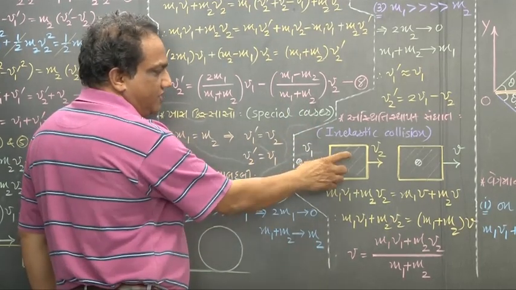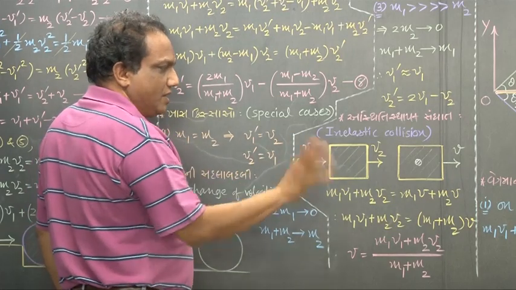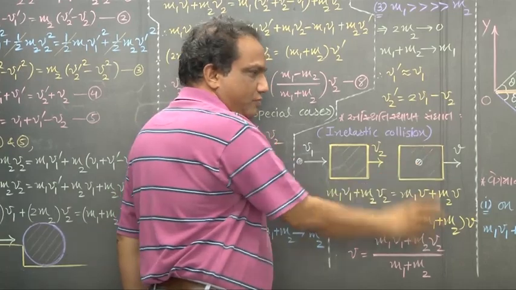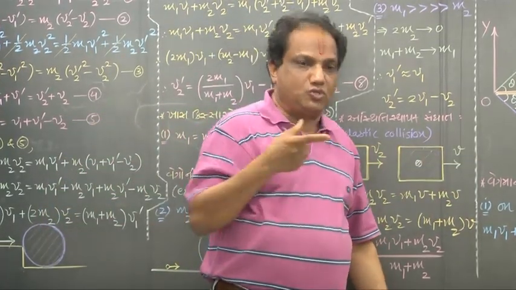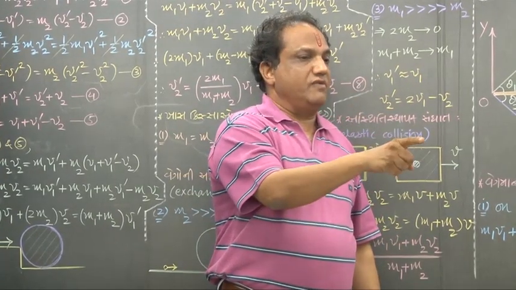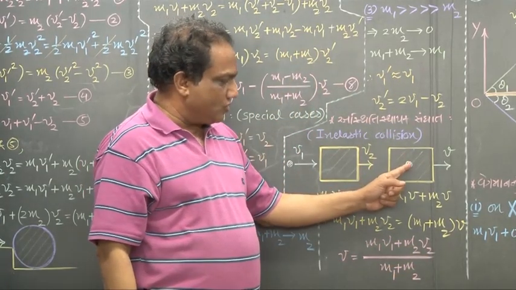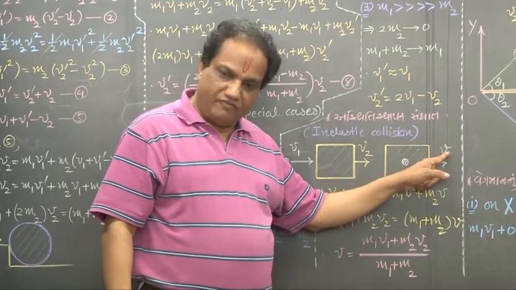Suppose this bullet collides with the block, gets inserted into the block, comes to rest, and then the whole system, bullet plus block, moves together. When it moves together, the final velocity of the bullet and the block will be the same. Let it be v.